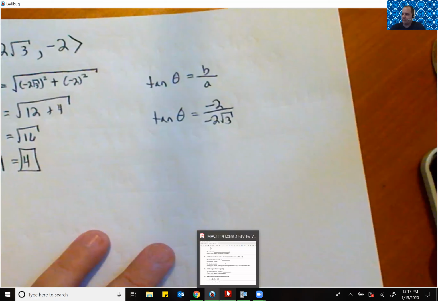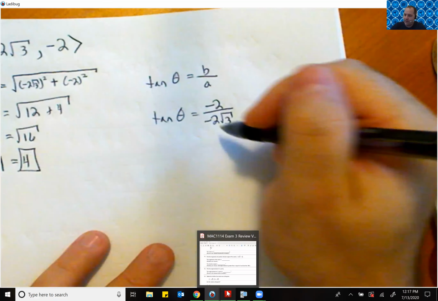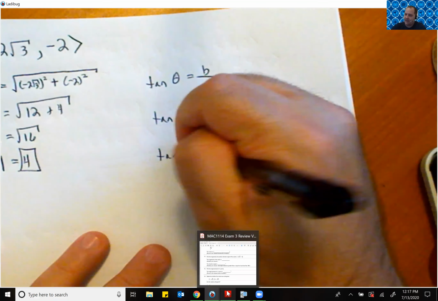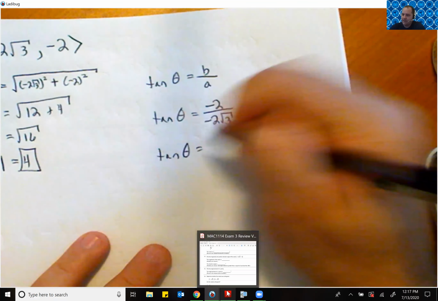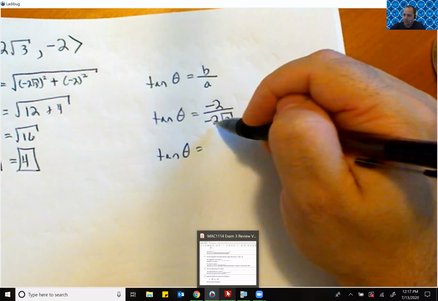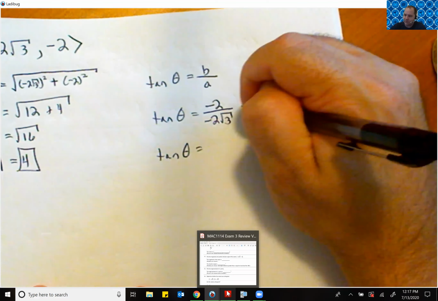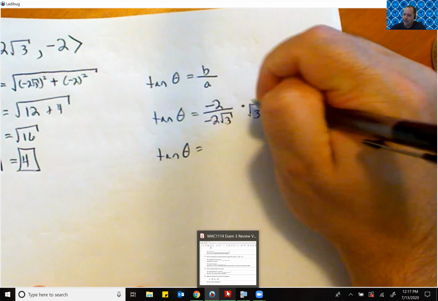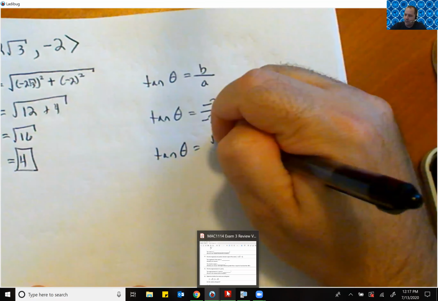Well, if I do some reducing, I'm really looking at tangent theta of a negative over a negative, which is positive. 2 divided by 2 is just 1. It cancels out, but I need to rationalize. So multiply it by the square root of 3. I end up with the square root of 3 over 3.